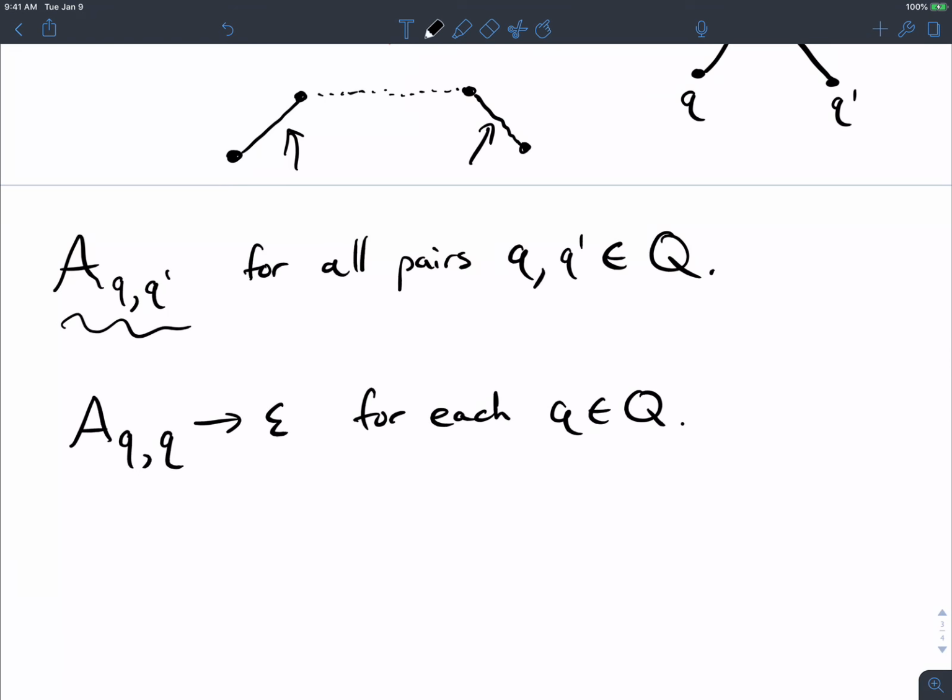Okay, so there are actually 3 types of rules, and this is the first type. So this is what we call type 1 rules. So type 1 is just this single type of rule, where we have A sub some state, but then the second one is the same state as the first one. It generates the empty string. Any questions about that one? Because this is the easiest one of the 3.